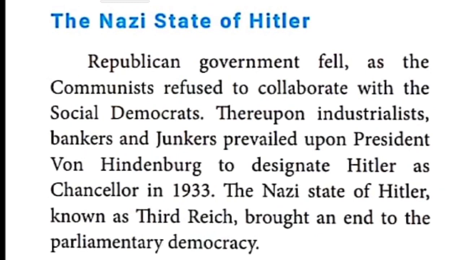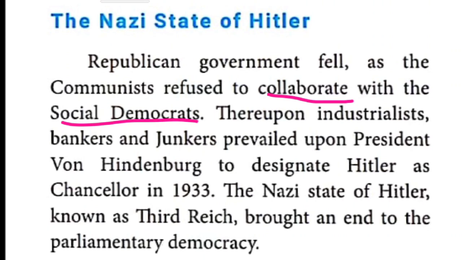Communist Party members got 60 lakh votes, as I said just before. Those people refused to join with the Social Democrats. So they disliked joining with the Social Democrats. So that's why the Republican government fell. Yes, it failed, it was defeated.